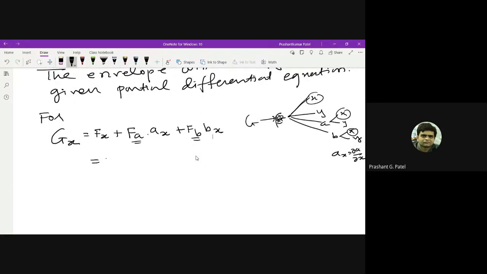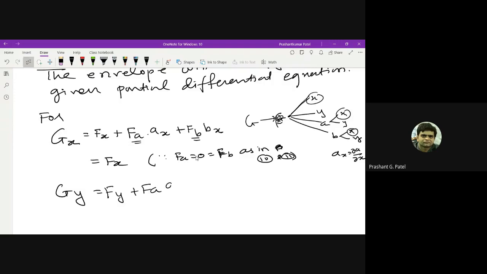So this gives me Fx, because Fa is 0 and Fb is 0 as in 10 and 11. In the same way, Gy is Fy plus Fa into ay plus Fb into by, and this gives me Fy for the same reason as mentioned here.